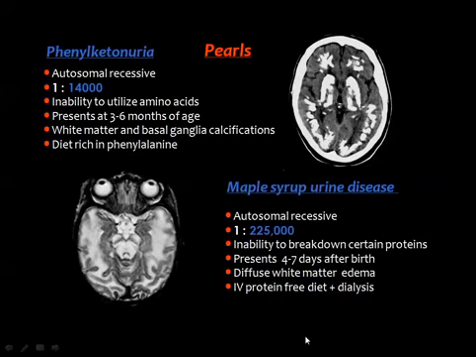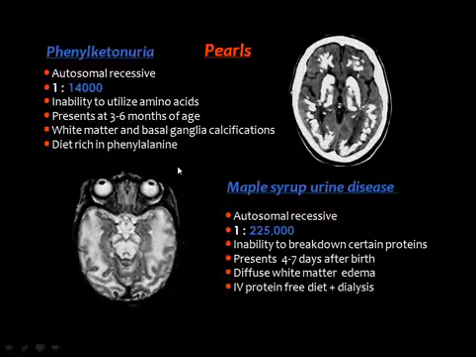And to sum up the previously mentioned data about the four diseases: phenylketonuria, all the four diseases are autosomal recessive. The most common one of them is phenylketonuria, with this relatively common incidence. The main problem is the inability to utilize amino acids, and the disease will present at the age of 3 to 6 months with white matter and basal ganglia calcification, which are better seen by CT, of course.